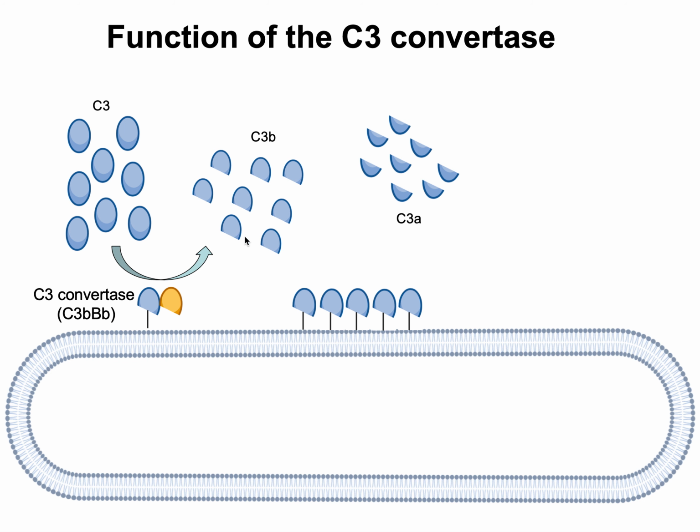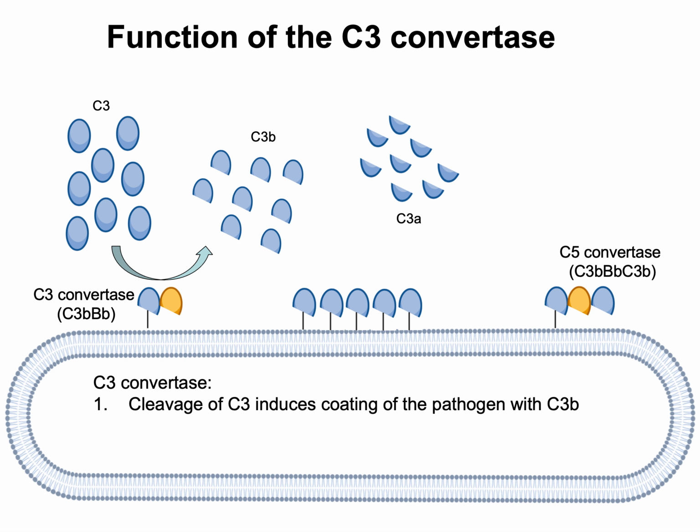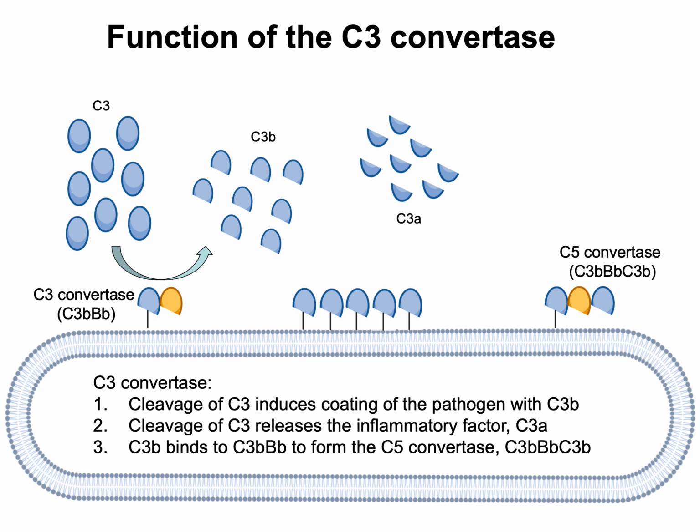As this reaction proceeds, C3b can also bind to the C3 convertase to form the C5 convertase, which is C3b, Bb, C3b. So the functions of the C3 convertase are to cleave C3, release C3b that can then coat the bacteria, release the inflammatory factor C3a, which we'll talk about in a moment, and lead to the formation of the C5 convertase.